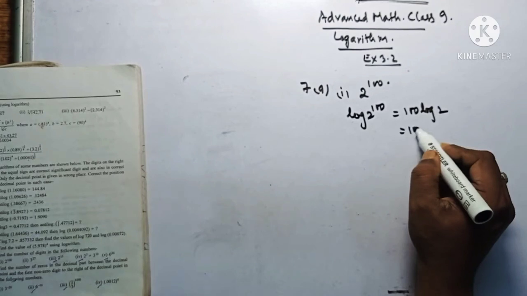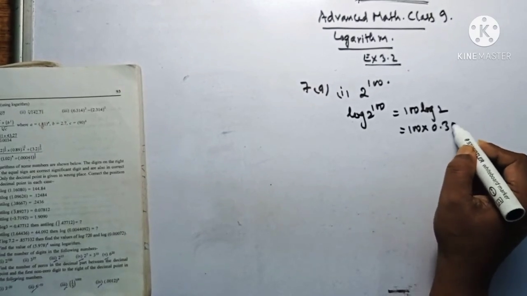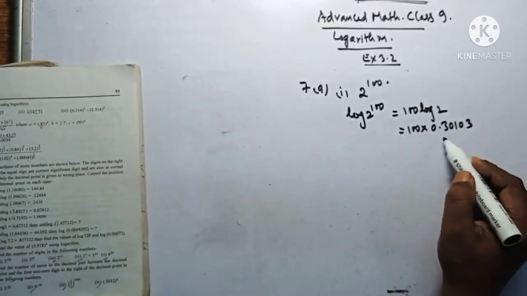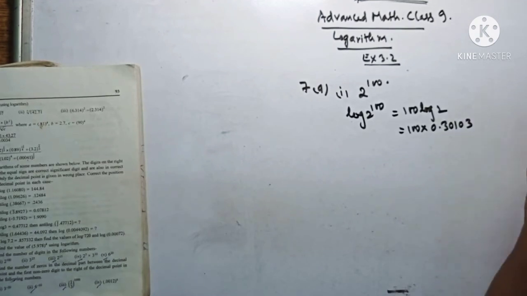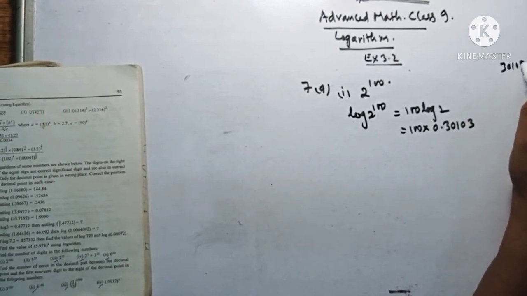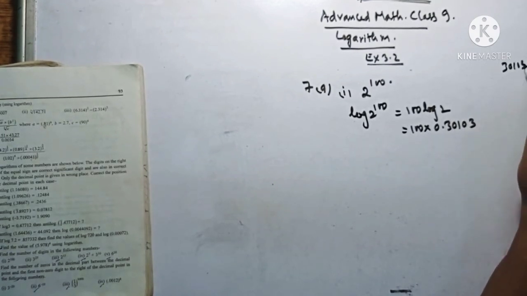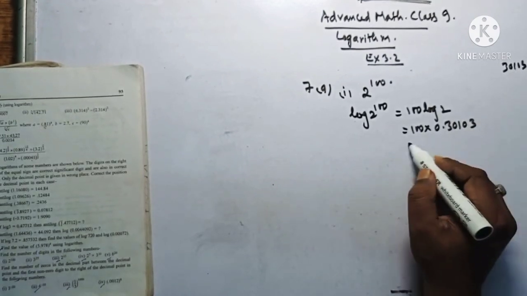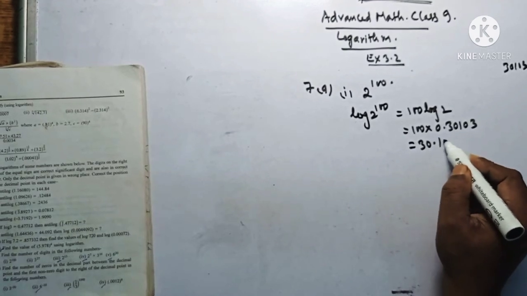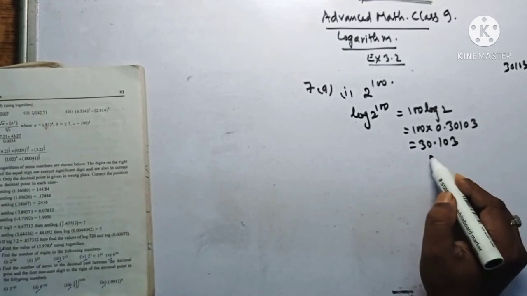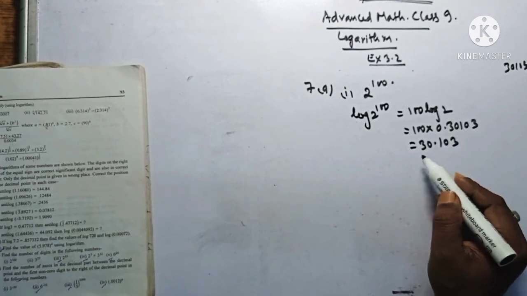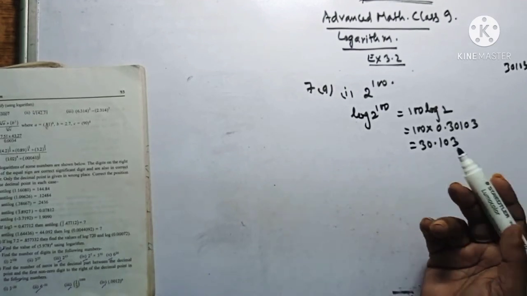So this will be 100 times the log 2 value, 0.30103. So it will be 30.103, so your characteristic is 30, so that means the number of digits will be 31.